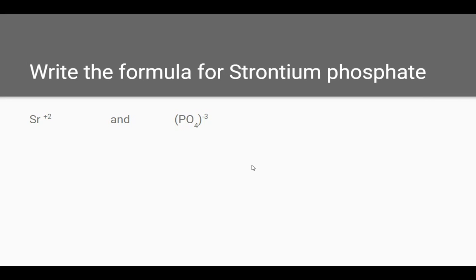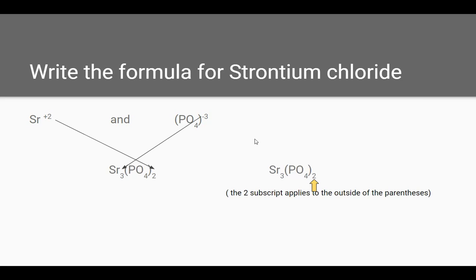So I am still going to use the charge number on the anion as the subscript on the cation and vice versa. So when I crisscross here, my formula will be Sr3 parentheses PO4 close parentheses 2.